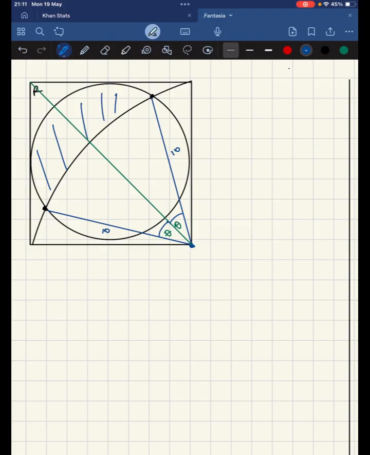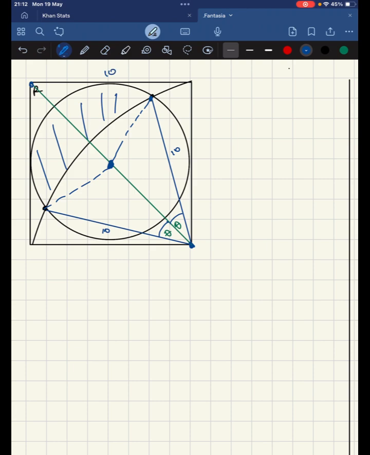We also know that this distance, they tell us, is the center of the circle, right, it's inscribed. Therefore, this is the center of the circle. Therefore, from here to here to here is half of a diagonal. And we also know this distance. Do we know that distance? Yes, we do.